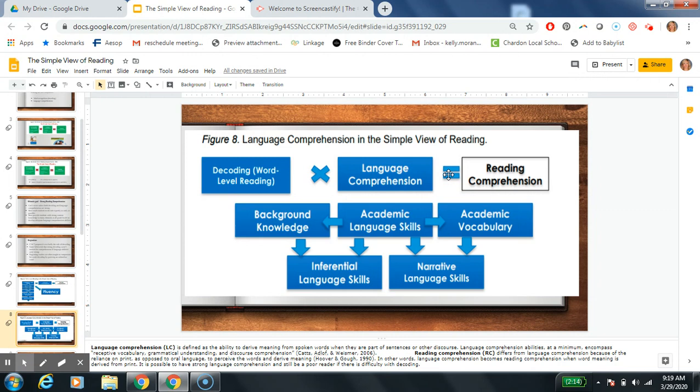So in other words, language comprehension becomes reading comprehension when word meaning is derived from print. It is possible to have strong language comprehension, still be a poor reader though, if the decoding piece is difficult for a reader.